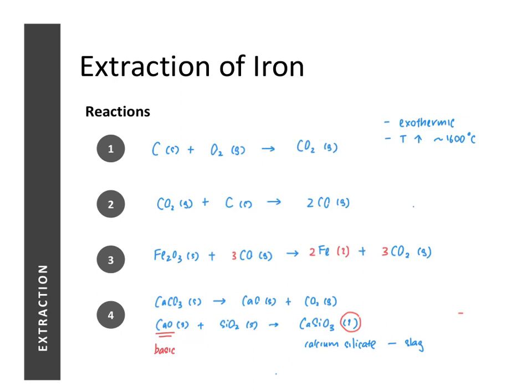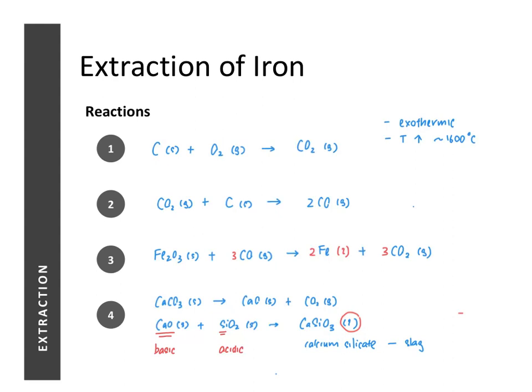Silicon is a non-metal, so silicon dioxide is a non-metal oxide, and we have learned in the same chapter that non-metal oxides are acidic. So the last reaction that we have seen is essentially an acid-base reaction between the acid silicon dioxide and the base calcium oxide.